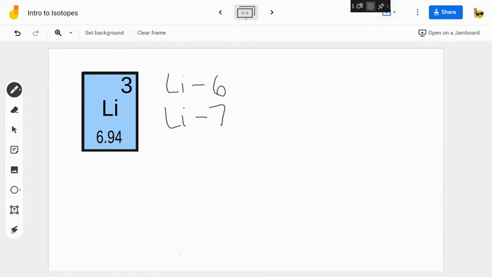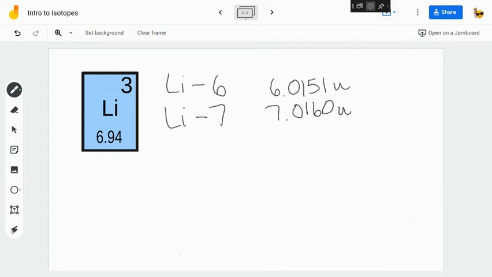We call it lithium-6 because when it comes to sig figs, we're going to round it to 6. But we have fancy special equipment that tells us the exact mass of each isotope. These are the exact masses of each isotope.